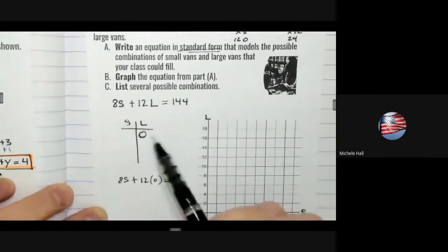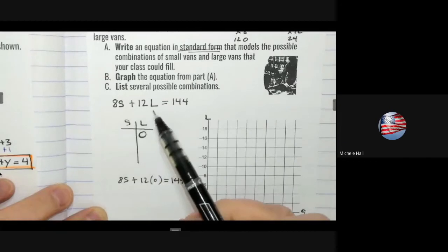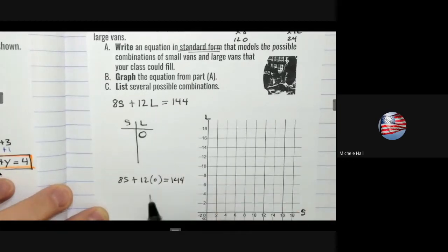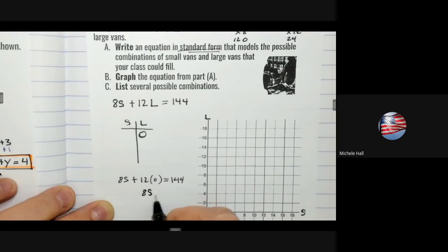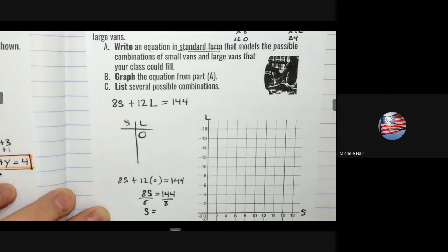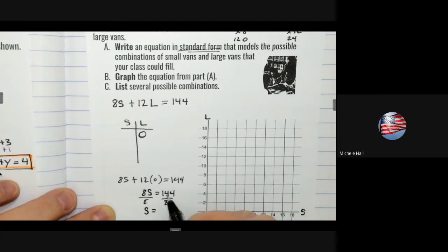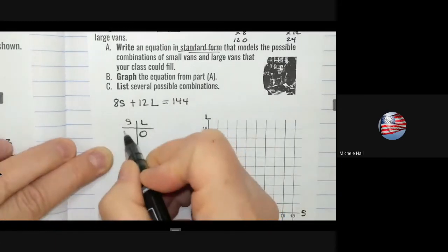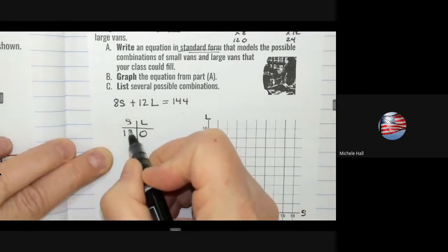So we're looking at if the large van doesn't have anybody, plugging in 0 for the large van. And we get that 8S equals 144. So divide by 8. 8 into 14 goes once, with 6 left over, and 8 into 64 is 8. So 18. You could have 18 small vans.